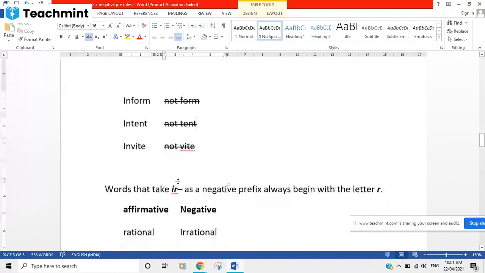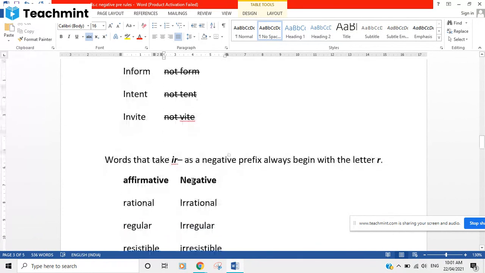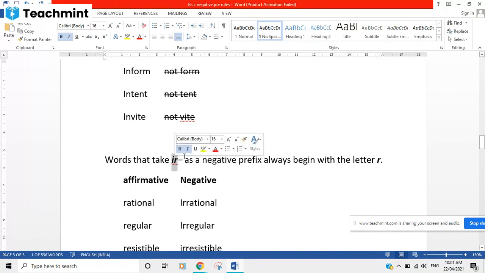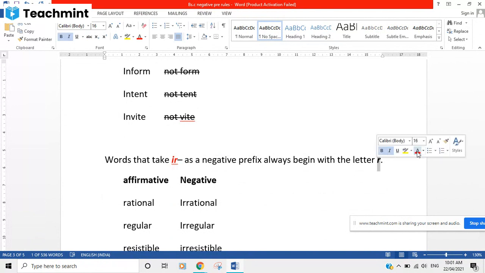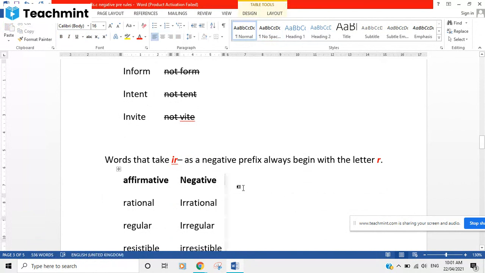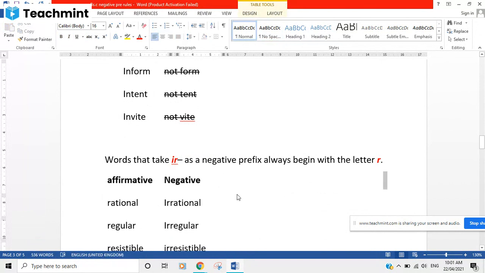Next is un. By using the prefix un, we can make a word negative. But un takes place before a vowel sound or a consonant sound. Now, here the examples are given: able, interesting, usual, and comfortable. We will make able into negative form by using un at the beginning of the root word.